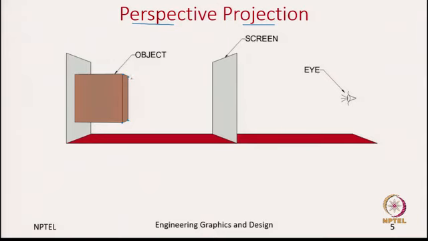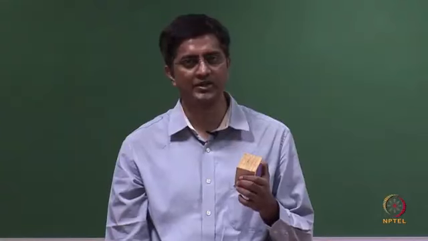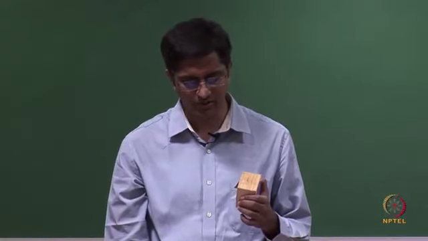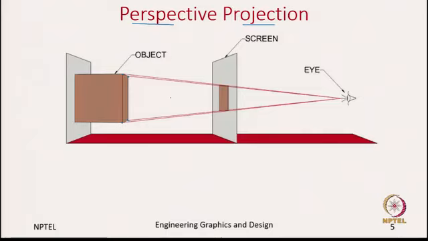Once you draw the projectors, they will intersect with the projection plane. These are the 4 projectors from the 4 corners of the front face of this cube, and they will make 4 intersection points on the projection plane, and once you join them, this is the view you get of the front face of this cube.